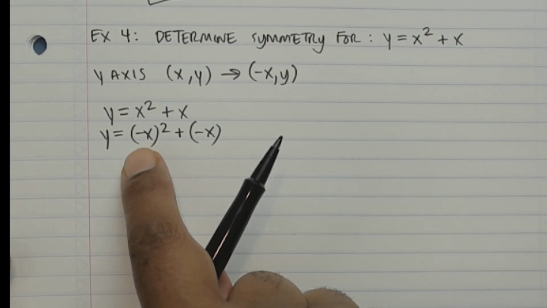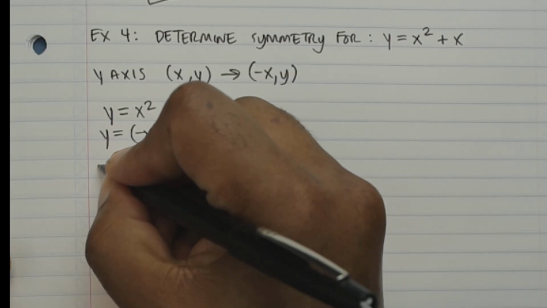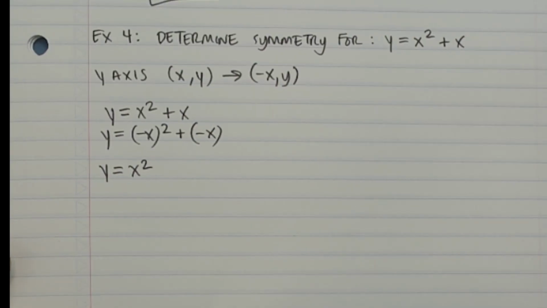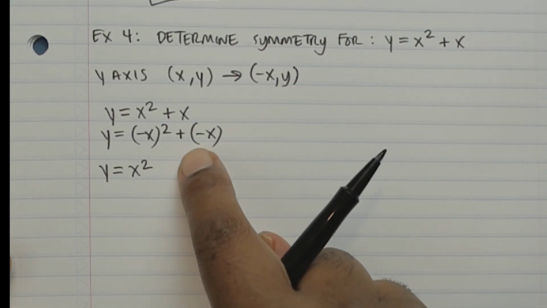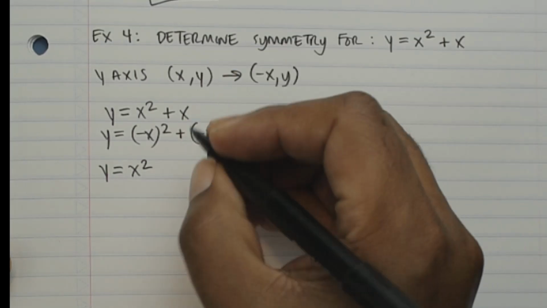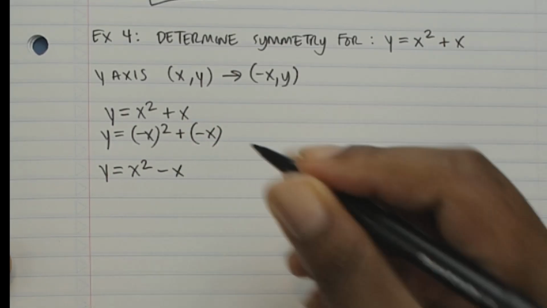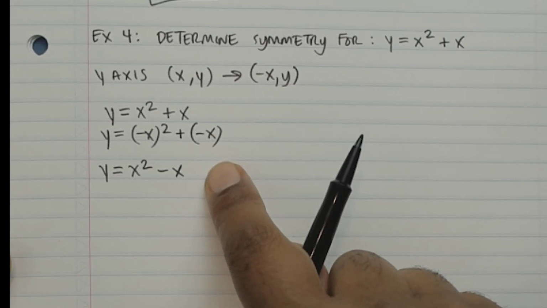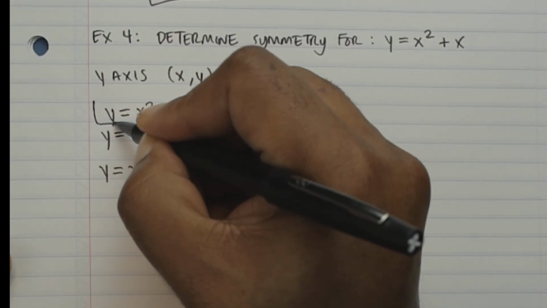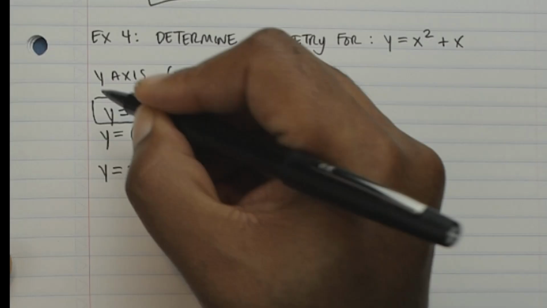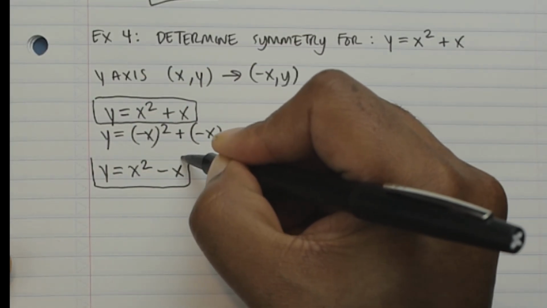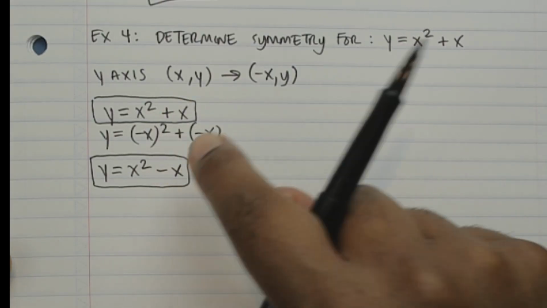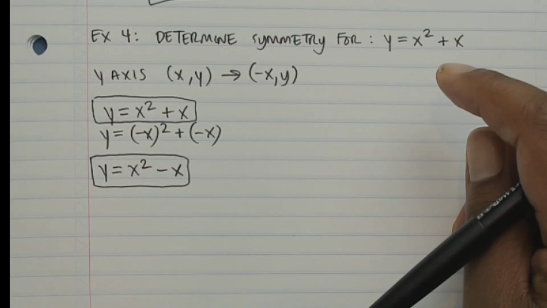So again, we know that this is negative x times negative x, which is going to give us x squared. And then it says to add the negative x. One way you can do it is literally subtract the positive x, or you can write it as plus negative x. But either way, we started here and we ended here.